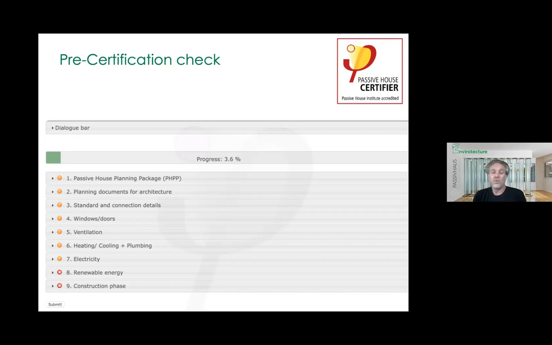Therefore, so long as you build it like you say you're going to build it, and you pass your blower door test, and you commission your HRV, your ventilation unit, properly, then you will become a certified passive house. So you basically know before you start that, all being good and well, you're going to get over the line at the end.